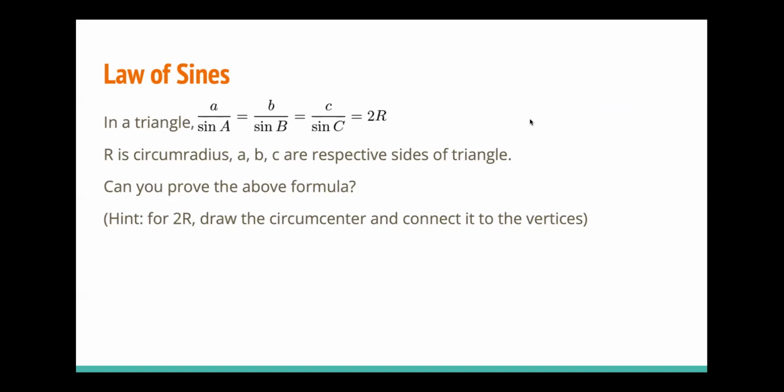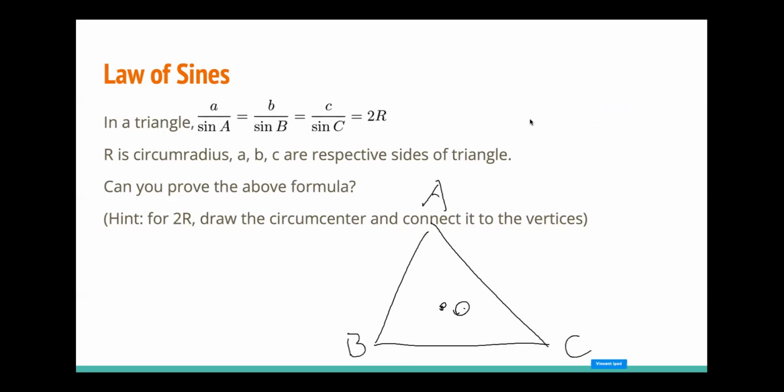Okay, let's see. So if we have a triangle and we have its circumcenter, A, B, C. So 2 times its circumradius is just the circle's diameter, but we'll ignore that for now. Because if we draw OB and OC, we get an isosceles triangle, right? Because the circumcenter is the center of the circle containing all 3 points.